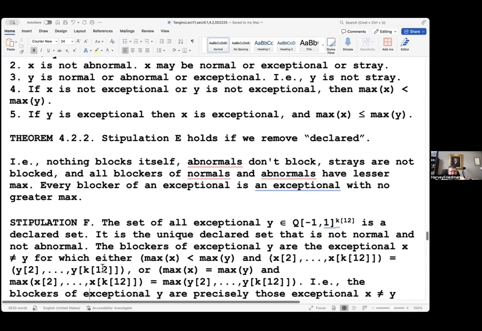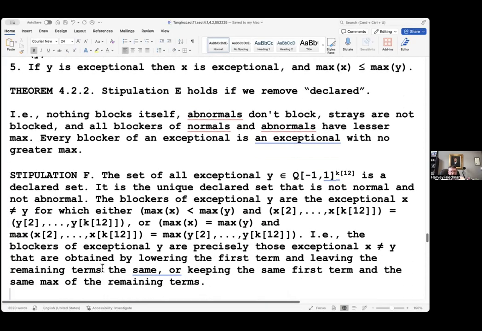All right, the next stipulation is that the set of all exceptionals is a declared set, the unique declared set, not normal and not abnormal. The blockers of an exceptional Y are the exceptional X, not equal to Y, where you either drop the max.